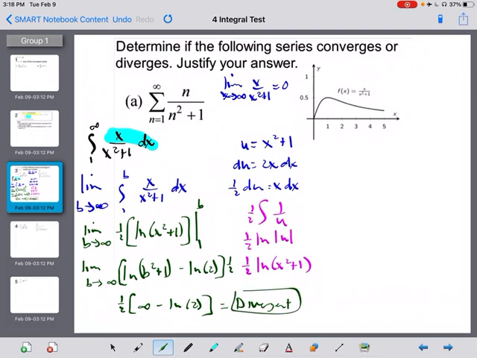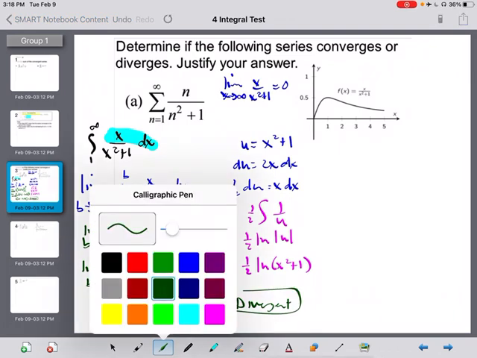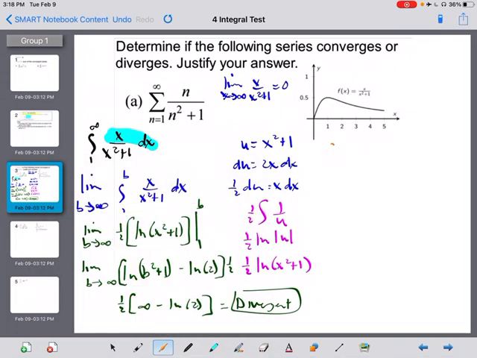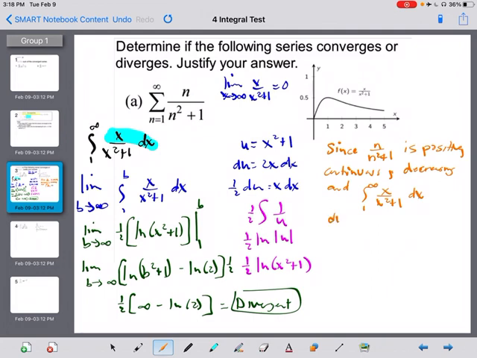All right, so let's go ahead with our write-up here. We would say, since n over n squared plus 1 is positive, continuous, decreasing, and the integral from 1 to infinity of x over x squared plus 1 dx diverges.